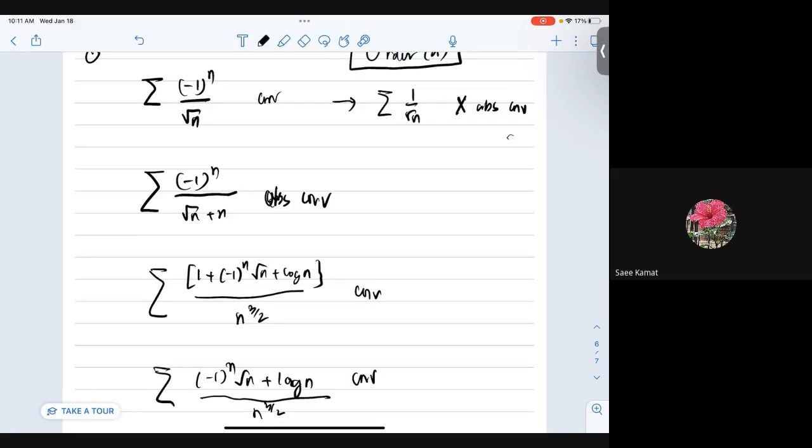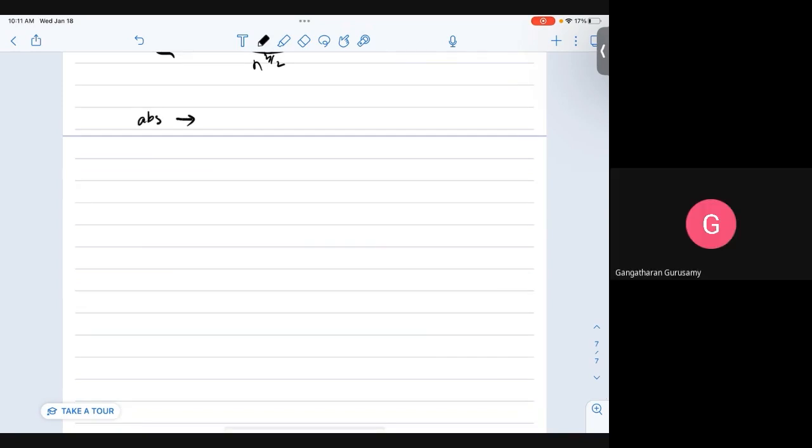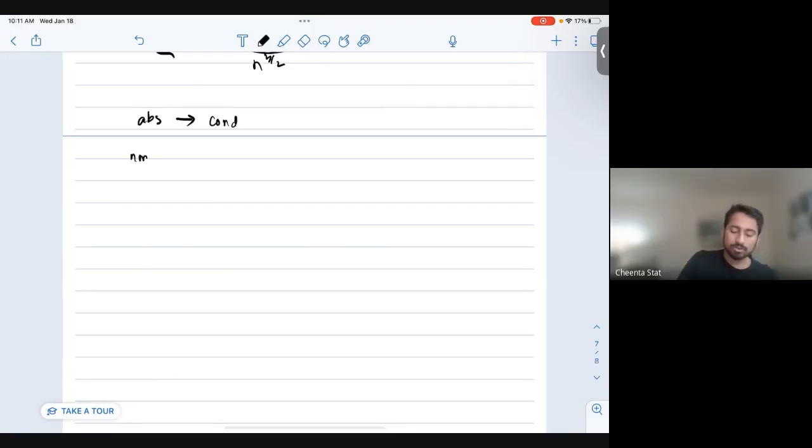So what is the relationship? Absolute convergence implies convergence, right? So non-convergence implies non-absolute convergence. But why is what I did wrong? Because I'm saying if it's not absolutely convergent, it implies not conditionally convergent.